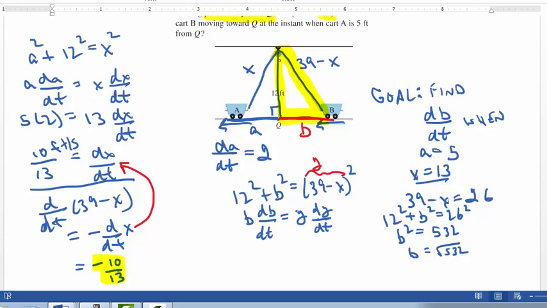But again, dy/dt is just going to be the opposite of dx/dt.